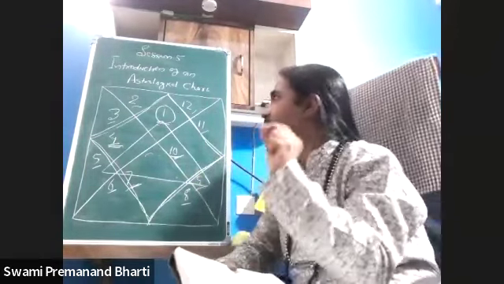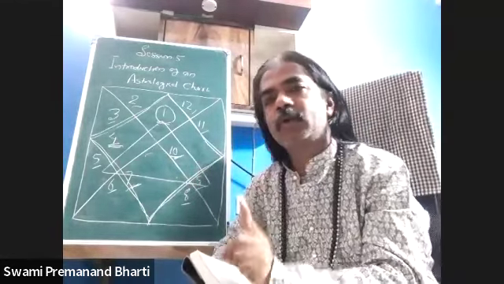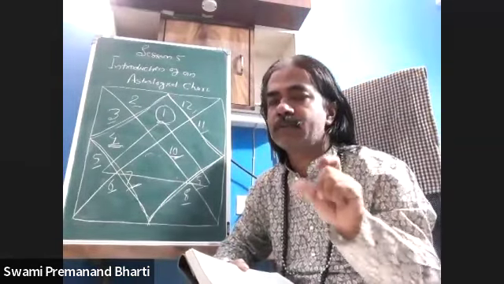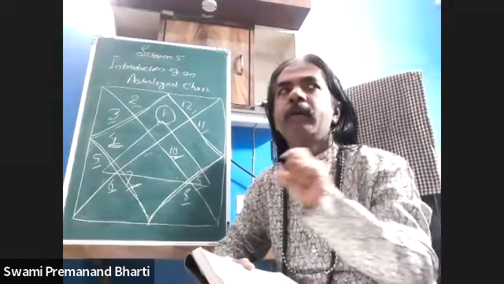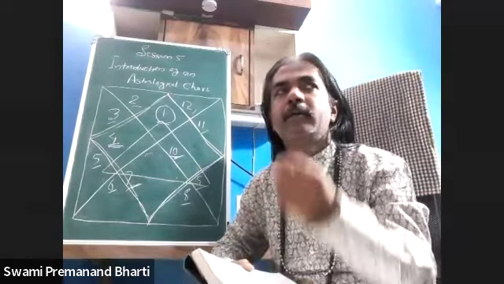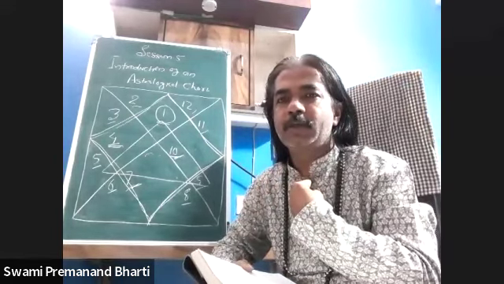Understand what is common here? The first house is common. The first house is also your Kendra house, and the first house is also your Trikona house. The reason is that in the first house, you are the most important person in your life.